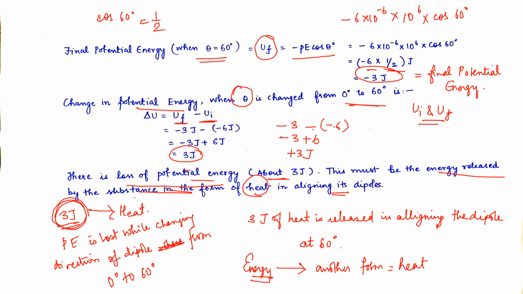In this question we have understood what a dipole is and how a dipole gets affected by a change in the angle, by the introduction of the electric field or any other external parameter. In this case the external parameter was a change in the direction of our dipole.